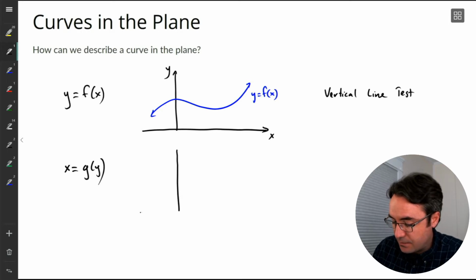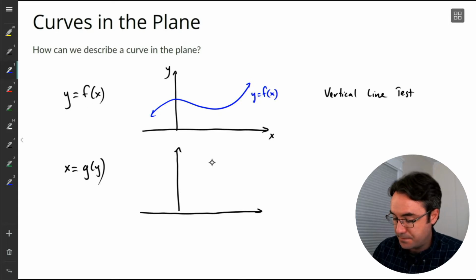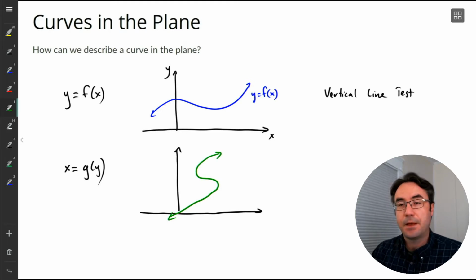Well, we still have our x and y axis. But now we might have something like this, and these types of curves don't necessarily pass the vertical line test, but they would have to pass the horizontal line test.